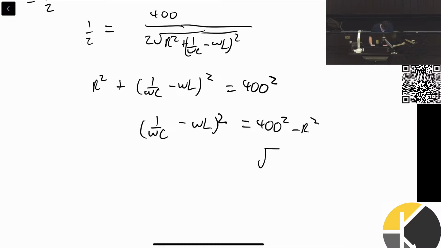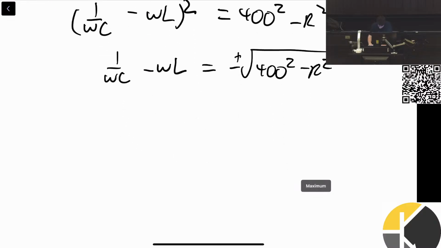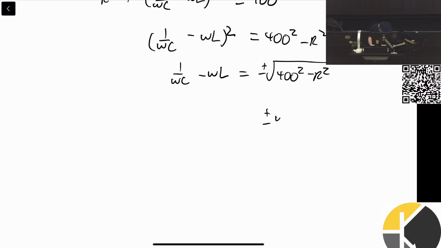We can plus minus square root both sides, and we end up with 1 on omega C minus omega L is equal to that. Let's times the entire expression by omega. So we get plus minus omega square root of 400 squared minus R squared is equal to 1 on C minus omega squared L.